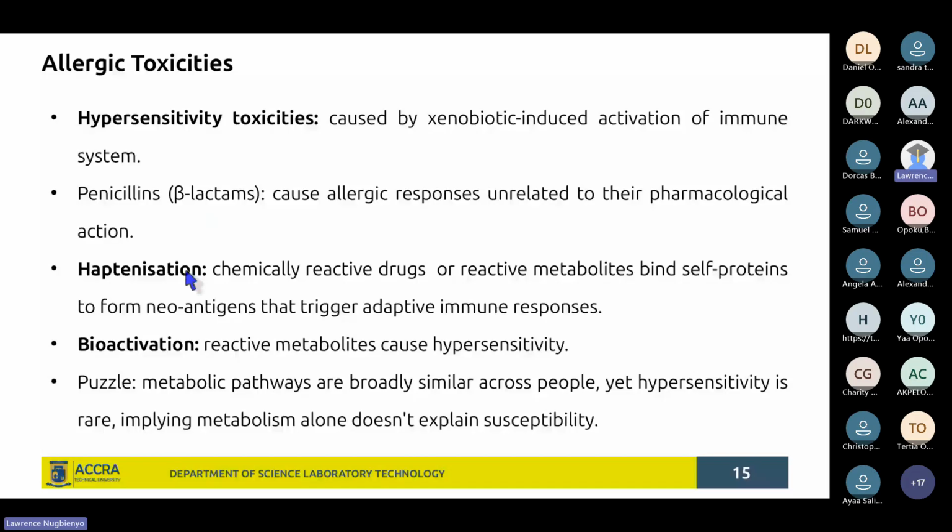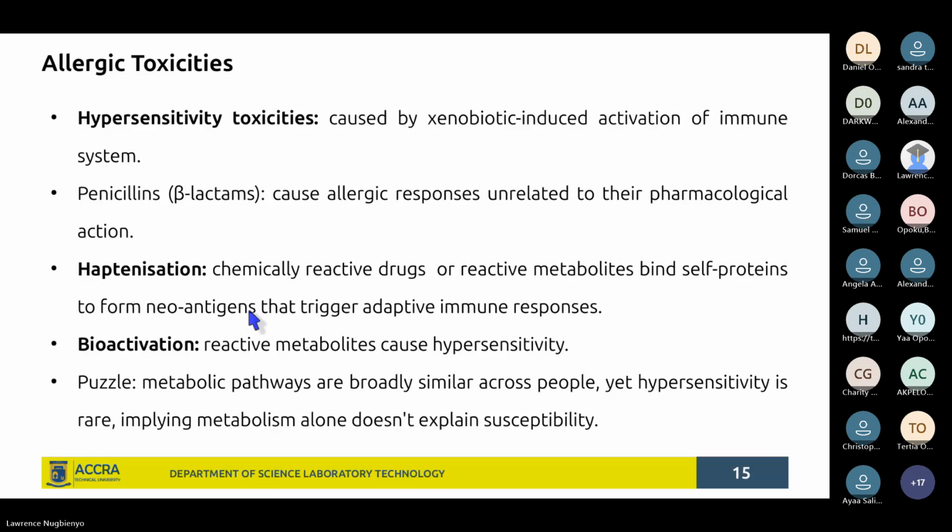And that is a phenomenon that describes metabolites that are produced from a substance. So a substance undergoes metabolism, a product is formed, which is a metabolite, and that metabolite is reactive. Reactive in the sense that it can bind to some proteins, particularly some immunoglobulins, which are some immune cells. And so these form what are referred to as neoantigens.